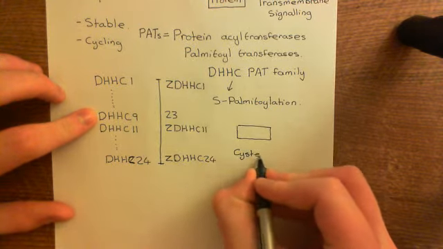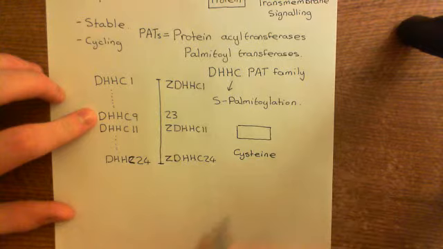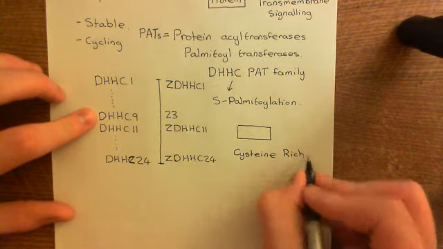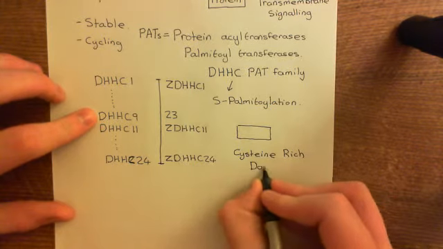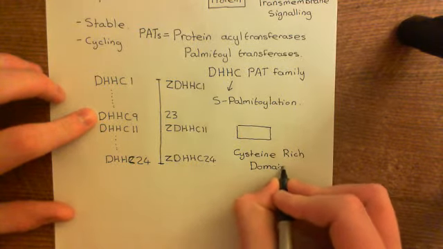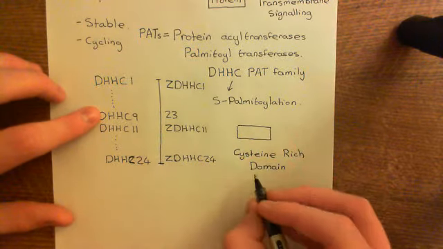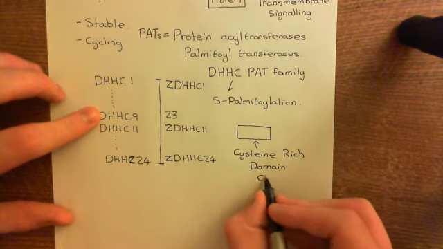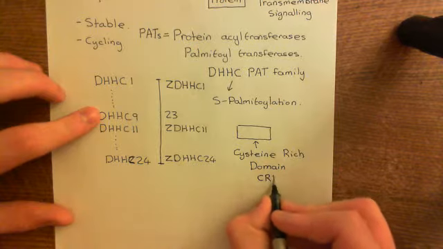I was thinking of the nuclear factor of activated T cells for a moment. Cysteine-rich domain, not the serine-rich region. So the cysteine-rich domain is the structure that all of these have within them, and for short, it is abbreviated to CRD.